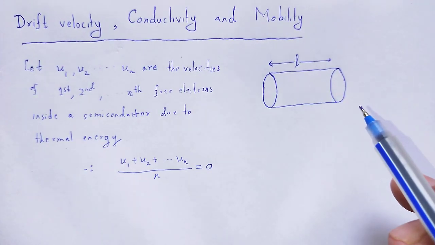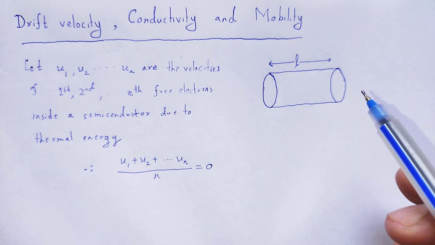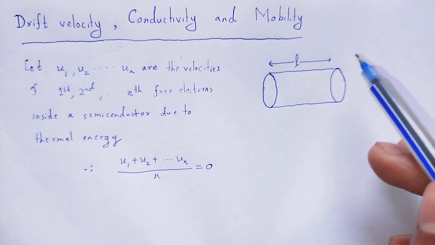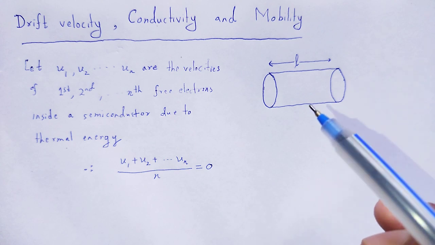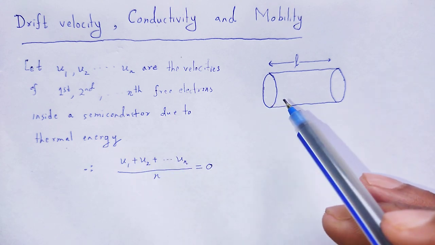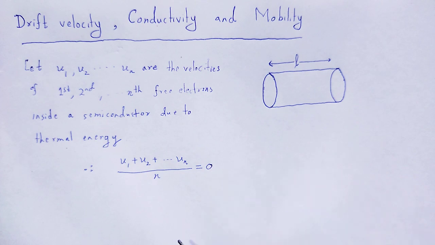Inside the semiconductor, all the free electrons as well as holes move in random directions with all possible velocities, and the average energy will be 0.